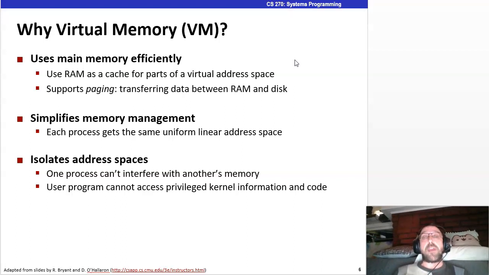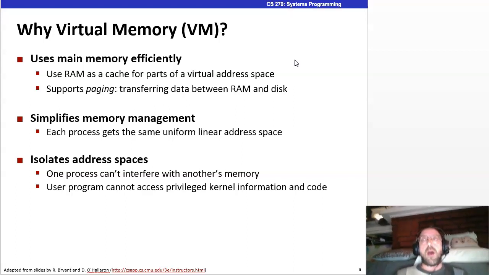And if I refer to that same file again, even in a different program, possibly even a program belonging to a different user, I can still refer to that same thing in memory without having to load the file from disk again. So it lets us use our RAM as a cache for access to the disk.